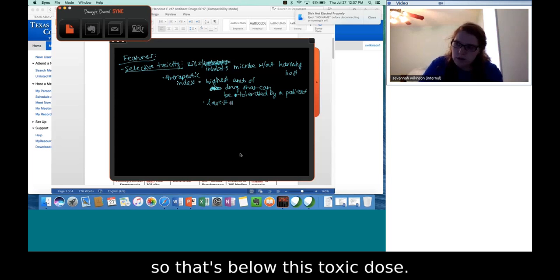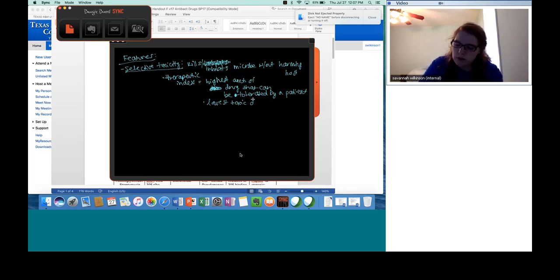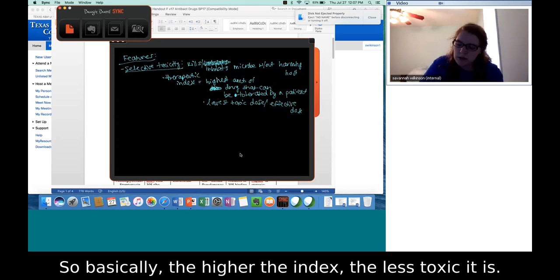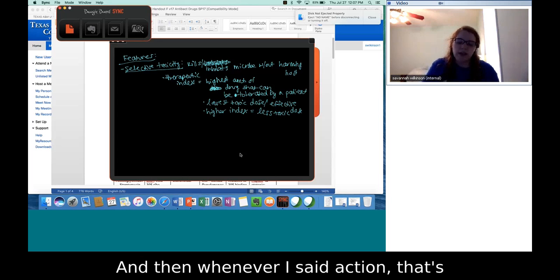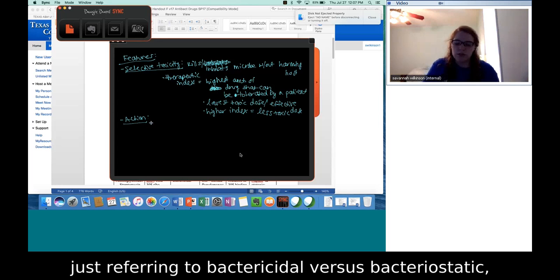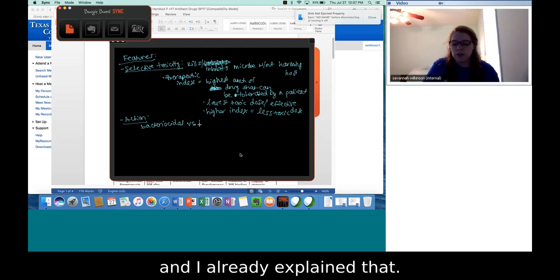So it's the lowest toxic dose. Basically, the higher the index, the less toxic the dose. And then whenever I said action, that's just referring to bactericidal versus bacteriostatic, and I already explained that.